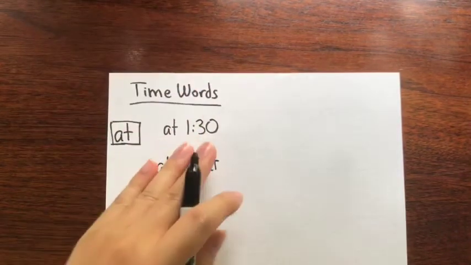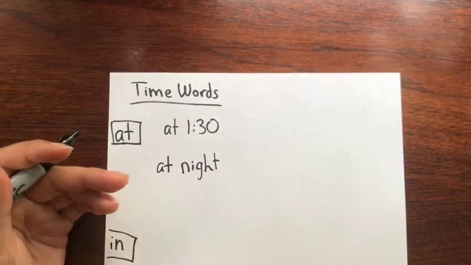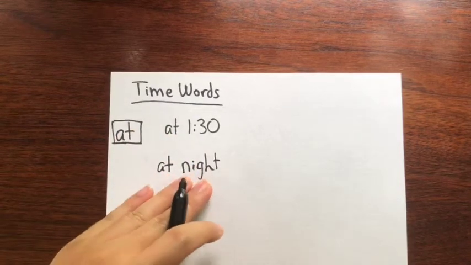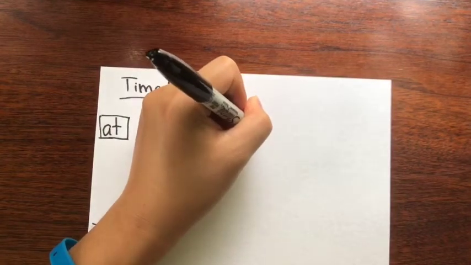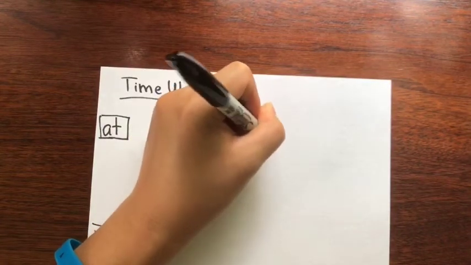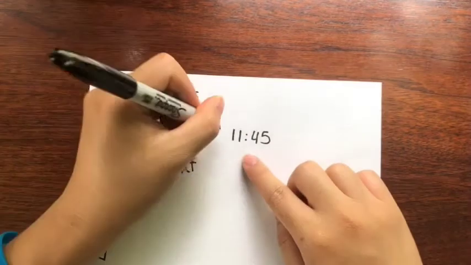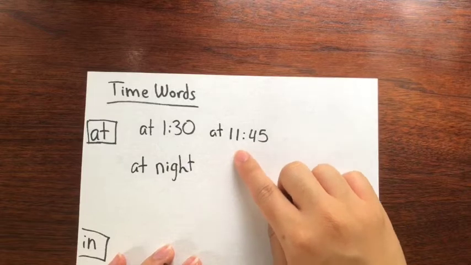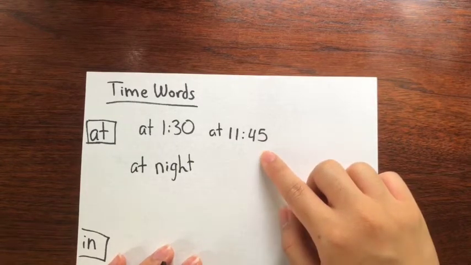So let's practice using these words. Let's say I go to work at 1:30. I go to sleep at night. How do you say this? At 11:45.